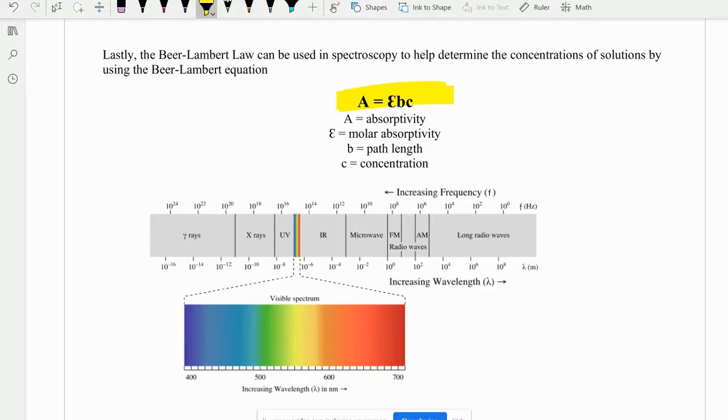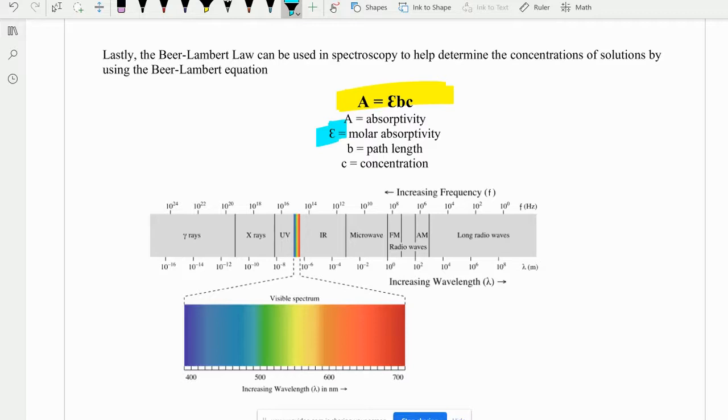Capital A, which is representing absorptivity, so the absorption of light, if you will, is equal to epsilon. This is a constant. It's a molar absorptivity constant that, depending on the substance you're using or looking at, would have a very specific molar absorptivity value.